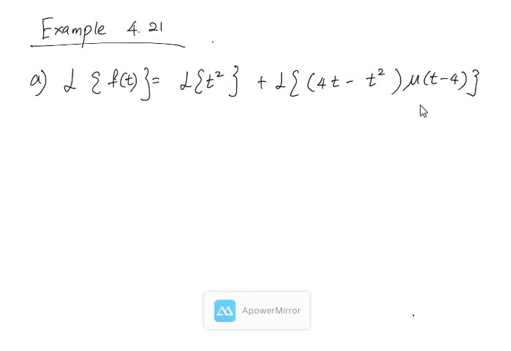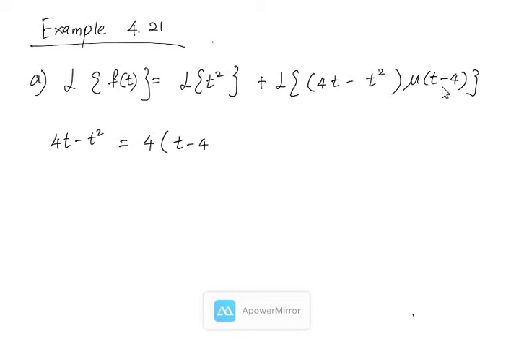So in this part, we need to change it a bit according to the second shift theorem. So 4t minus t squared, we can change it to 4. Okay, we have the unit step u(t minus 4). Therefore, we want to change it to the same t minus 4. So we have 4 and then in the bracket t minus 4.